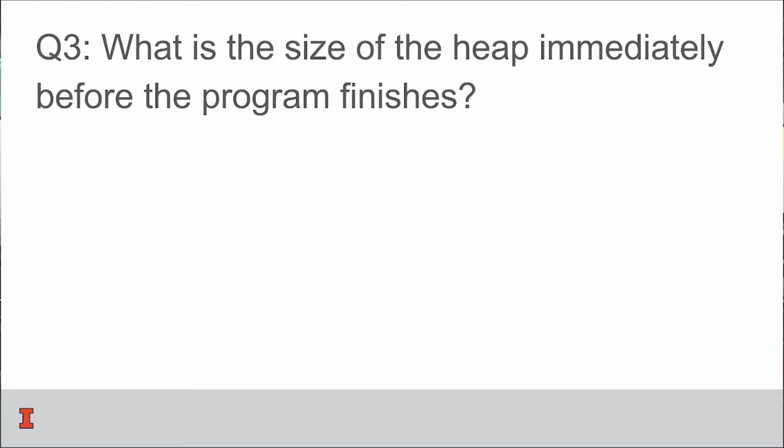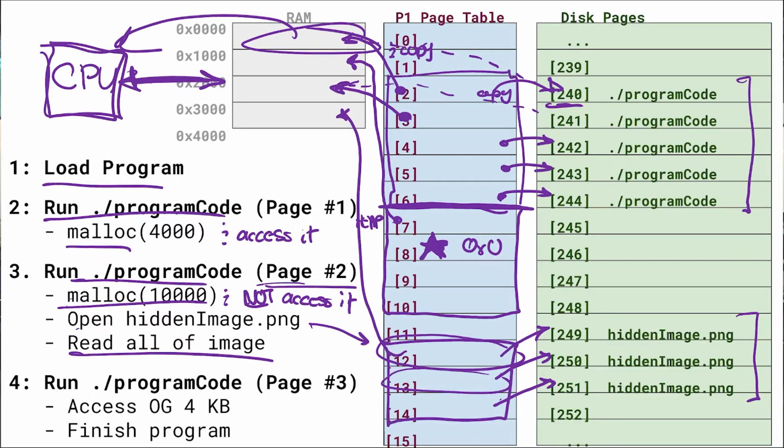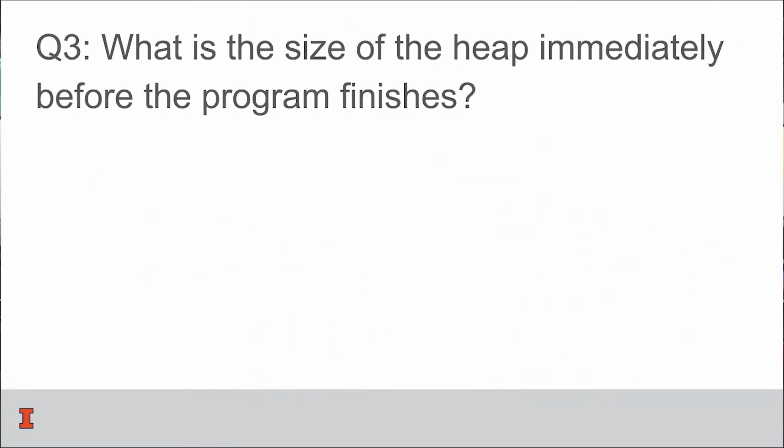And then what's the size of the heap immediately before the program ends? So we did allocate the entire heap. The entire heap's going to have the exact same problem as pages on disk. So we have allocated 4,000 plus 10,000 bytes, right? So our malloc has allocated 14,000 bytes. So that's the size of our actual heap.